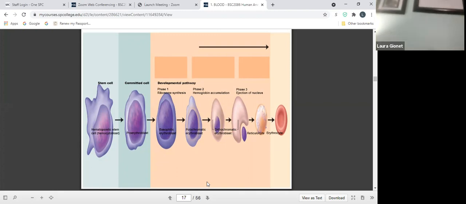Well, these cells start out very large, in what are called blastic forms, and then they get smaller as they mature. And then to the right-hand side, where we eject the nucleus from our red blood cell, that forms a reticulocyte, and then it further modifies to the mature erythrocyte that you see to the far right-hand side.